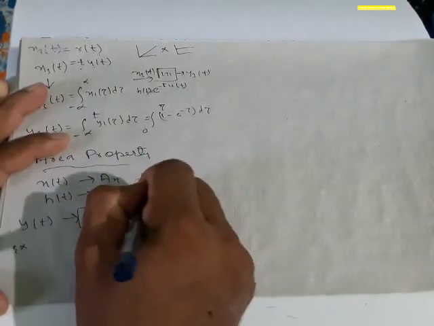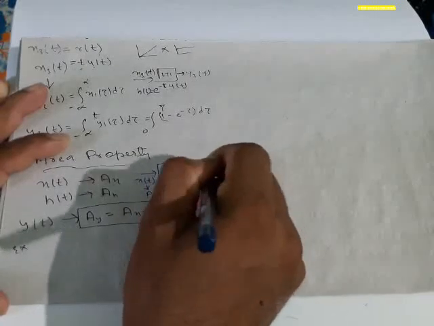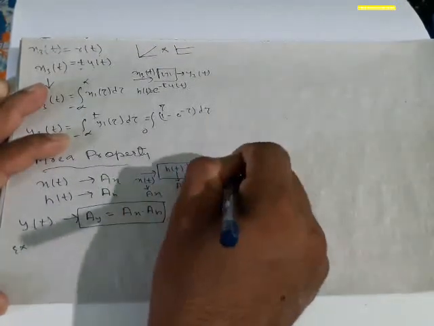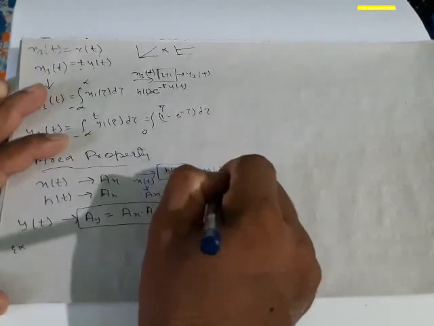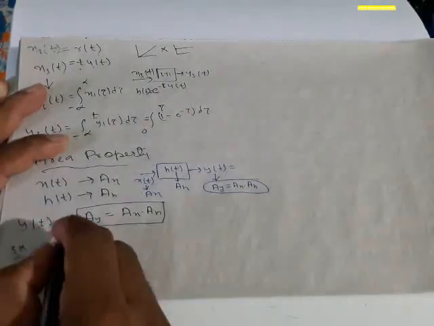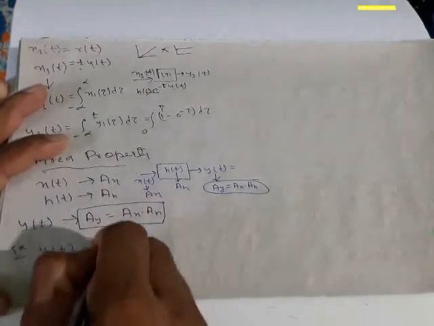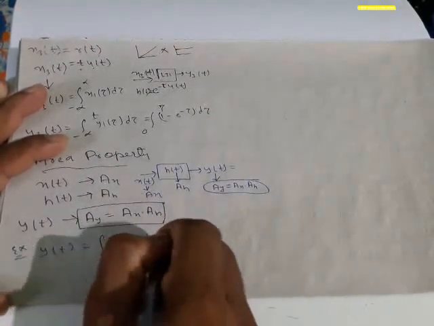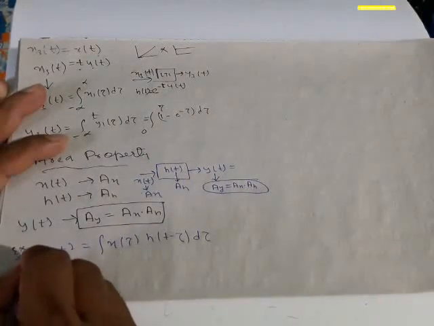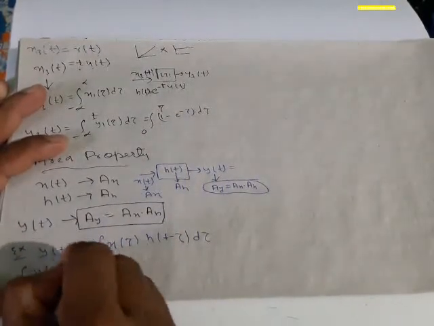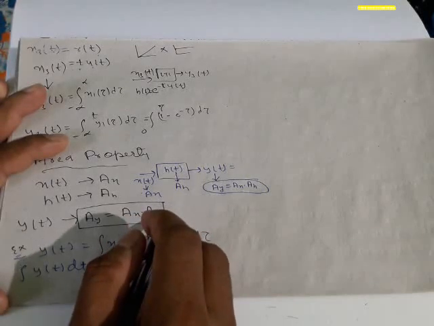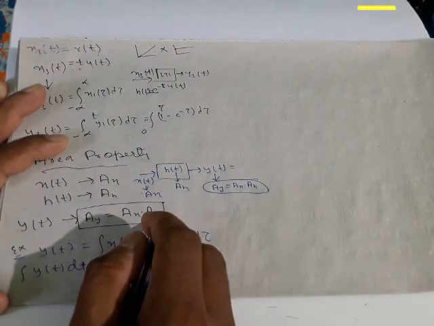For this, Ax equals 1, and Ah equals 1. And for this, Ay equals A by root 2, since the Gaussian with pi t square by 2 has area root 2.